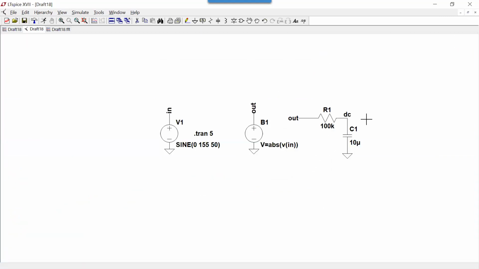Well, that gives us a DC power supply, which then we can go and power op amps and digital logic and things like that. But where could the clock come from?